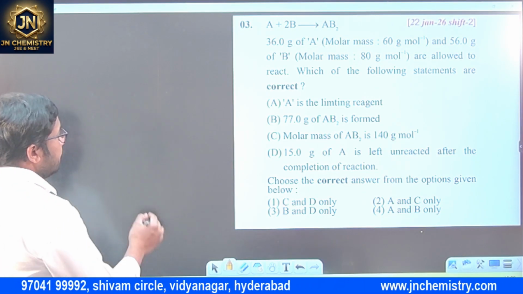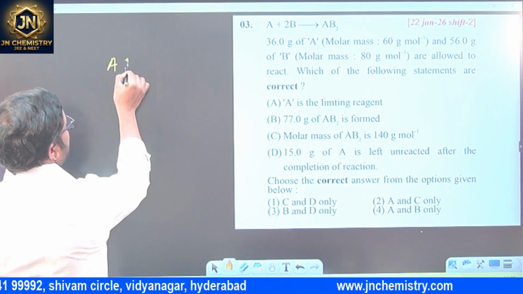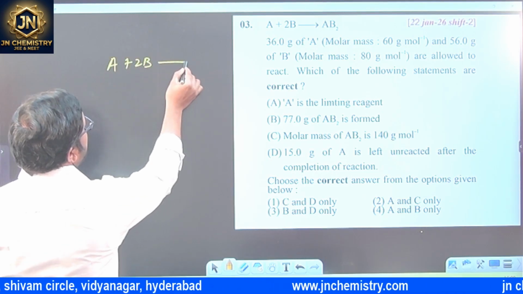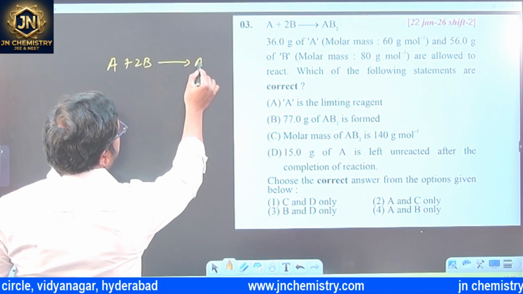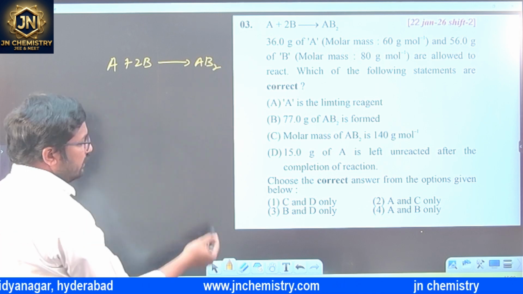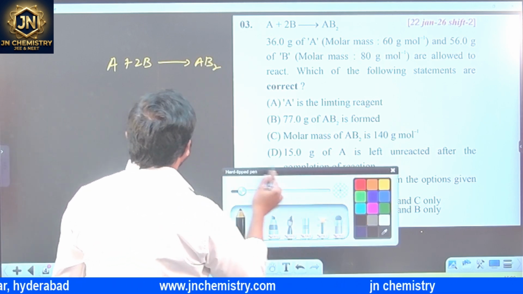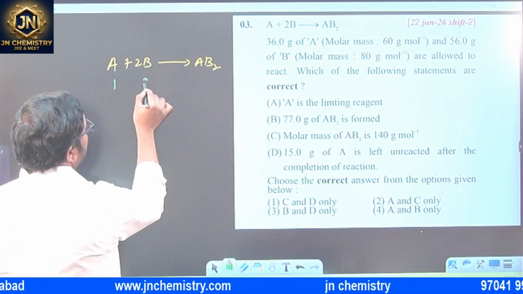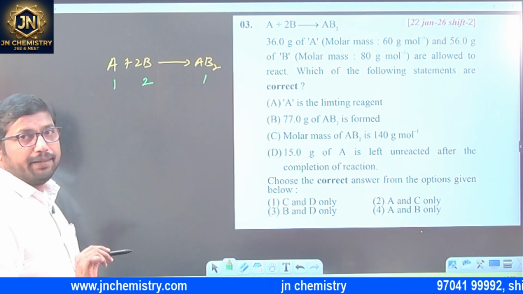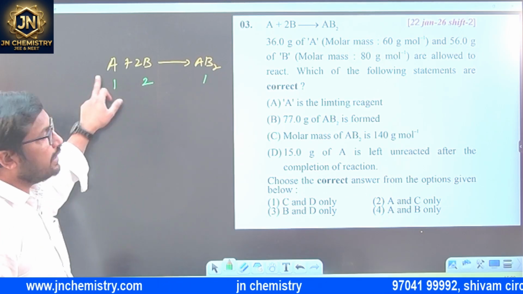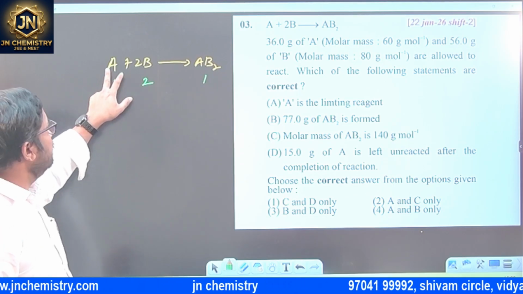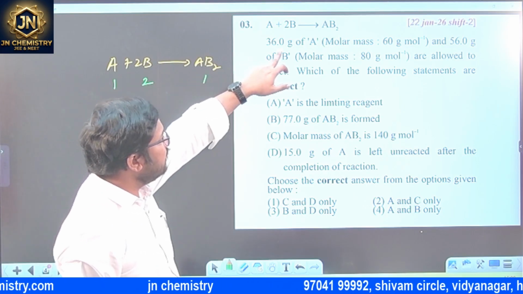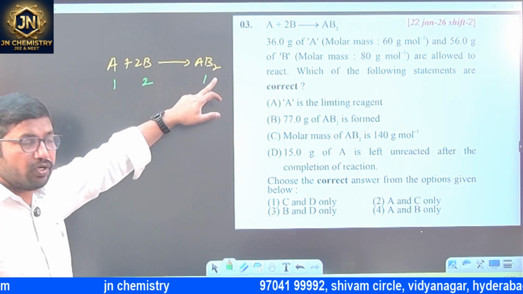Simply, A plus 2B gives rise to AB2. According to this equation, it is very clearly telling us that 1 mole of A is reacting with 2 moles of B, and 1 mole of AB2 is forming. First we need to find the number of moles. Number of moles means weight by molecular weight.